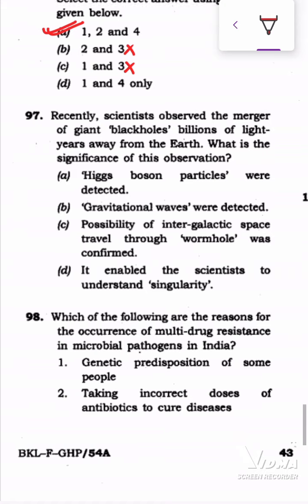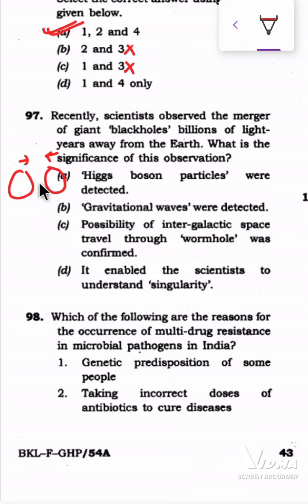Now question number 97. It says: recently scientists observed the merger of giant black holes billions of light years away from the Earth. What is the significance of this observation? Actually, what scientists have observed is two supernovas, with a black hole in each of these systems, finally coming together after millions of years.